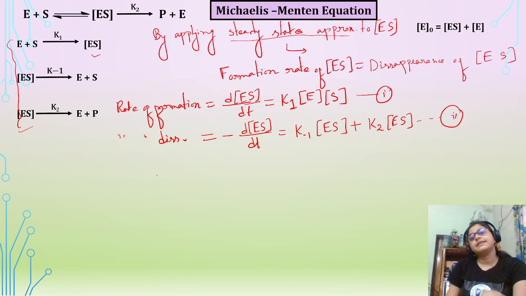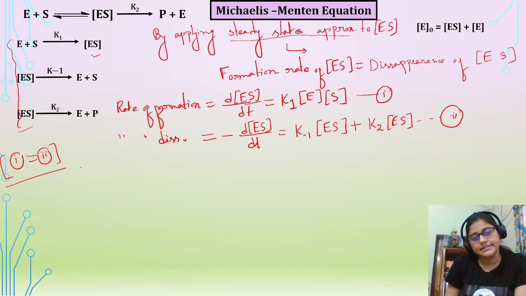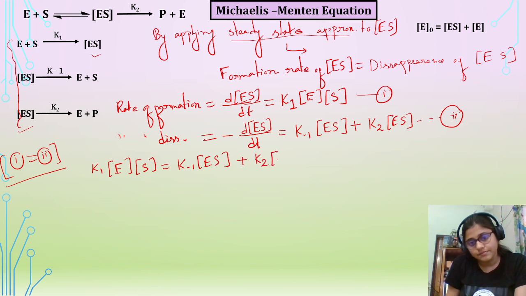According to the steady state approximation, we equalize 1 and 2. So by taking the SSA, K1 into E into S will be equal to K inverse ES plus K2 ES.